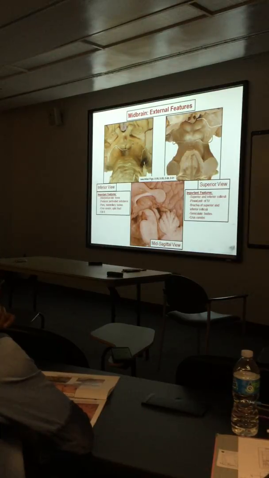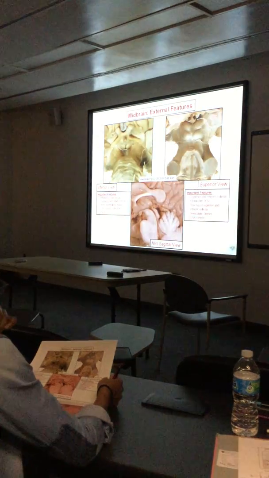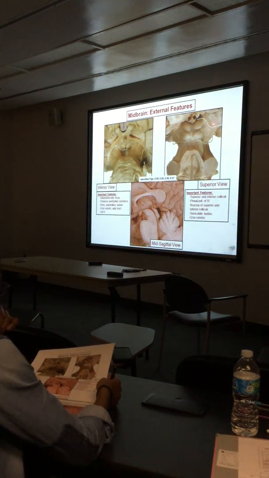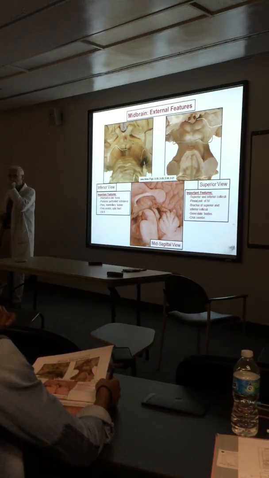But when we look at other views, for example the dorsal view, the quadrigeminal body, the four colliculi, we draw a line along here. The pulvinar and the medial geniculate are part of the diencephalon, so the line goes down and goes like that. So it's not a nice sharp line.